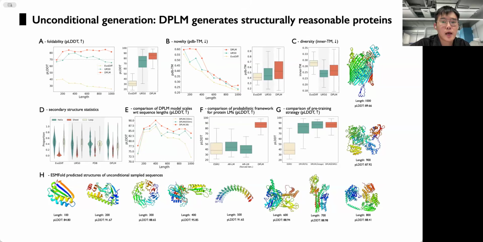in training our model, we cut off the training data at 1,000 in terms of length.